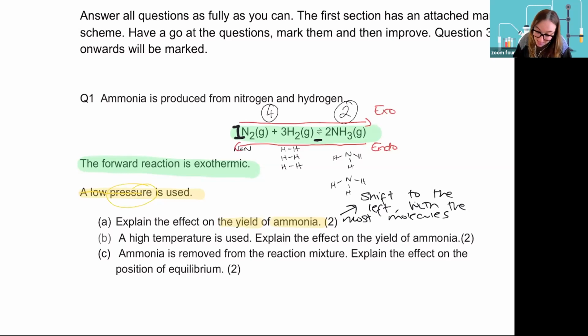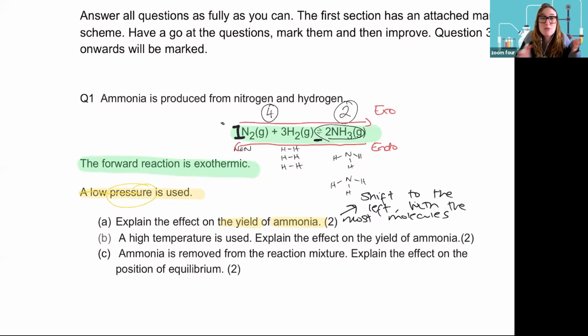Now, that is half of the question, because the question actually asks you, what is the effect of that on the yield of ammonia? Now, ammonia is this compound here. And if we shift the equilibrium in the left-hand side direction, which is the side over here where nitrogen and hydrogen are, well, then we make more nitrogen and hydrogen.